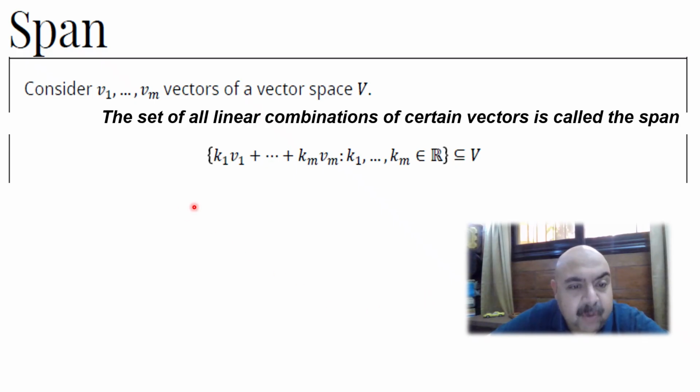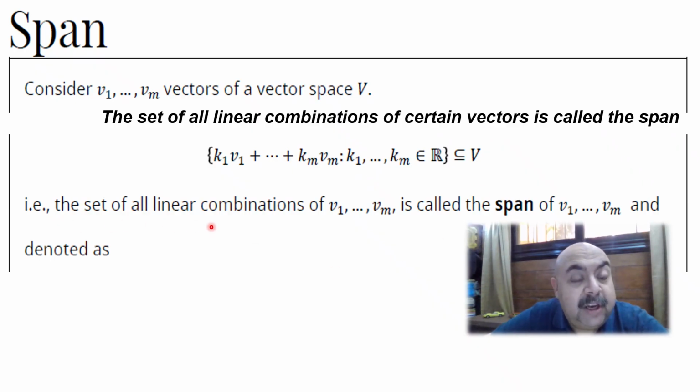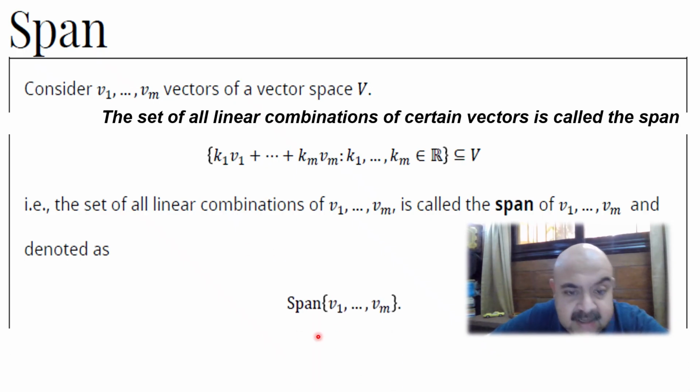So if I have K1 V1, K2 V2, and so on, such that Ki belongs to R, this is a subvector space of the vector space V. The set of all linear combinations is called the span of the vectors and is denoted as span of V1 up to Vn. This slide is really a very good slide.